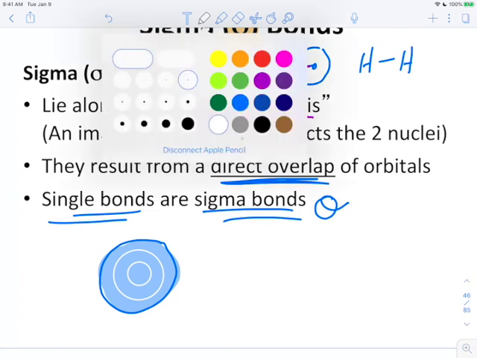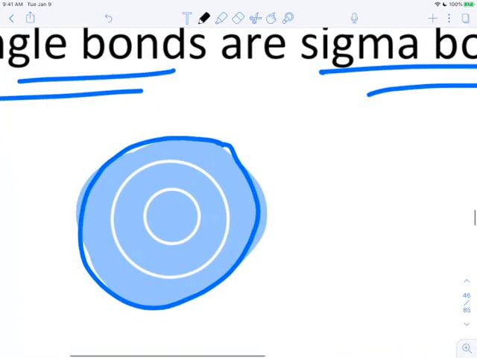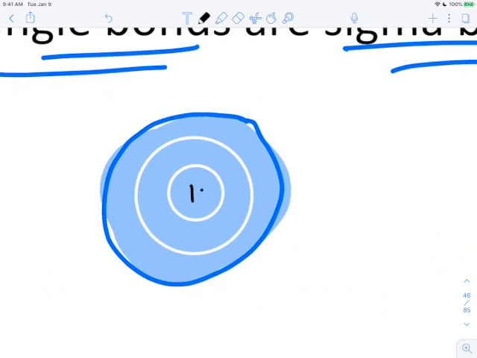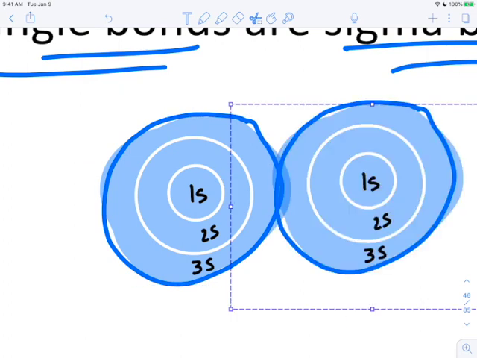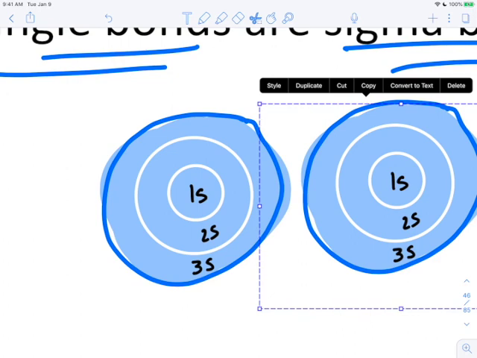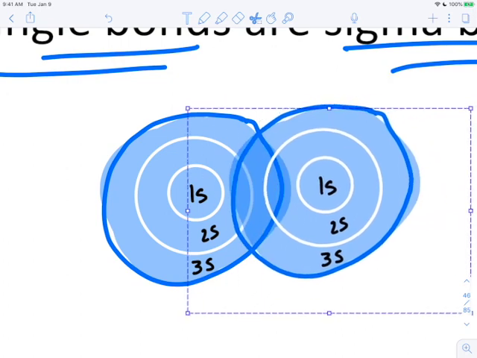So let's think about this one as being, here is the 1s, here's going to be my 2s, and this is going to be my 3s here. And now I'm going to have another one of these same atoms. And now what I'm going to do is bring them together here.